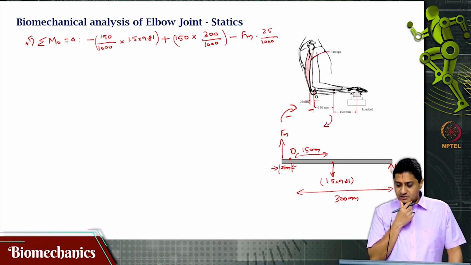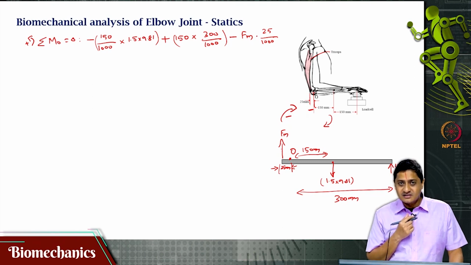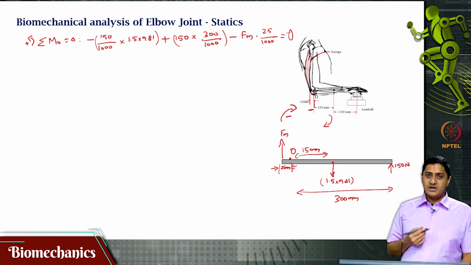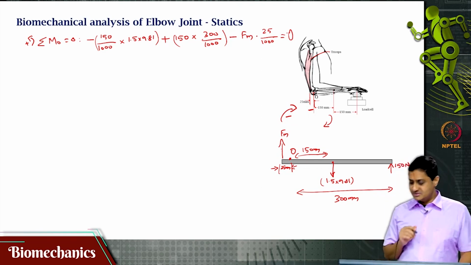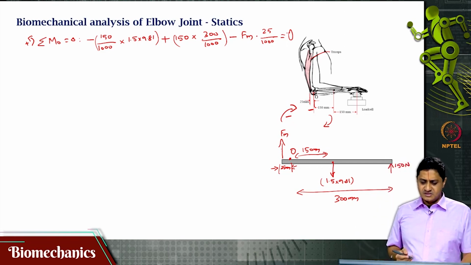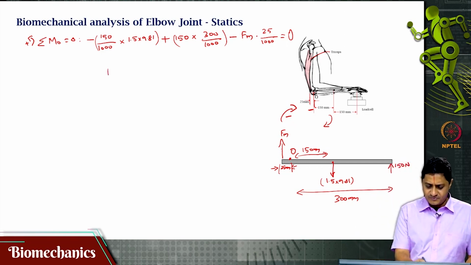Before I write equal to 0, let me check if there is any other force that I have missed. Have I missed anything? No. And then I am writing equal to 0. This is one equation in one variable. All I have to do is simplify this equation to solve for Fm.